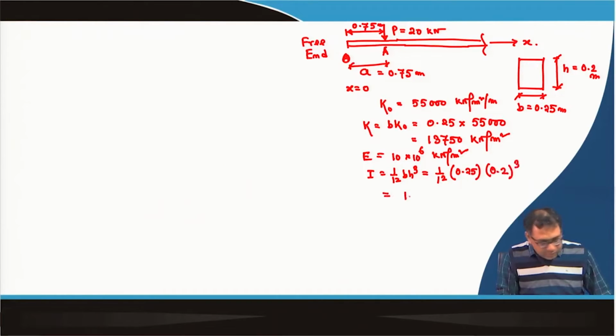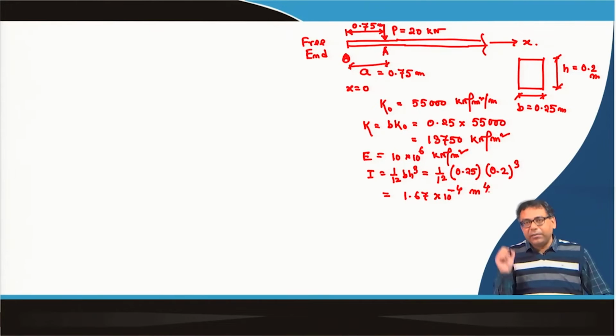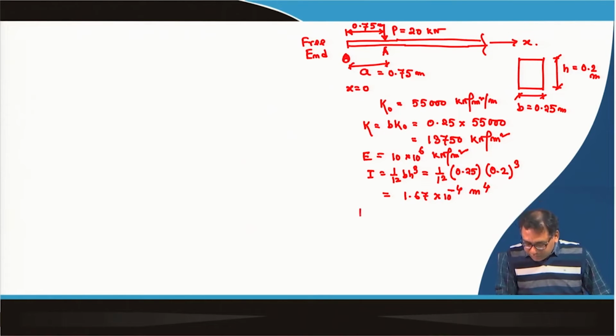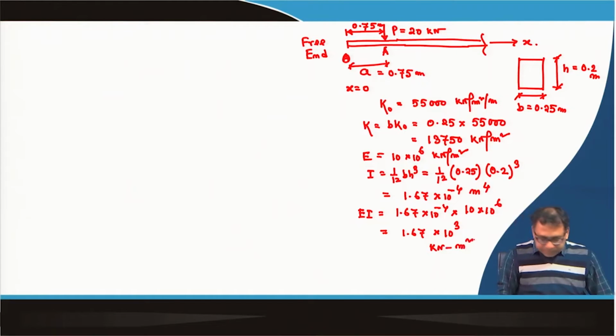So, this is 1.67 into 10 to the power minus 4 meter to the power 4. So, EI will be equal to 1.67 into 10 to the power minus 4 into 10 into 10 to the power 6. So, this is 1.67 into 10 to the power 3 kilonewton meter square.